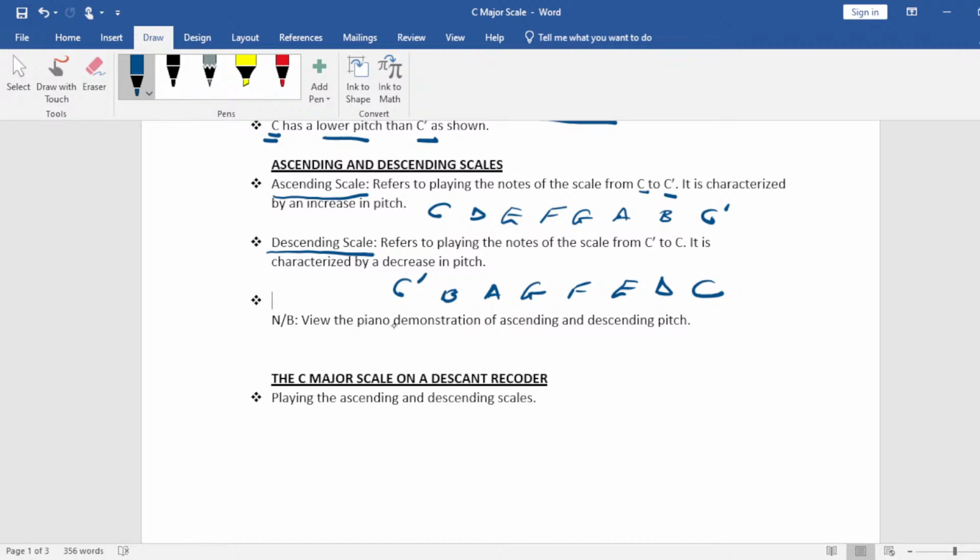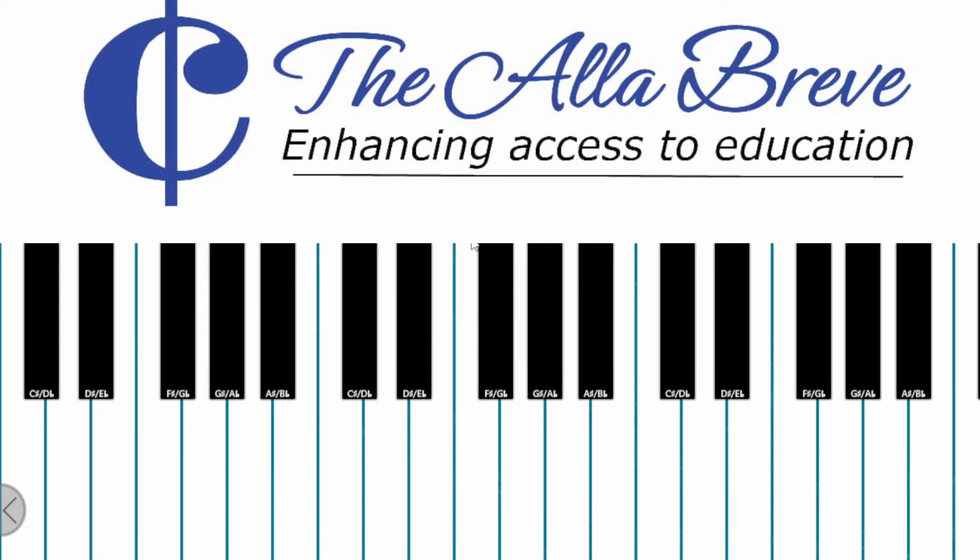Note how it's going to look when we work on the piano so that you can understand what is meant by an ascending or descending scale. Here is an example of a piano. You can hear the sound.